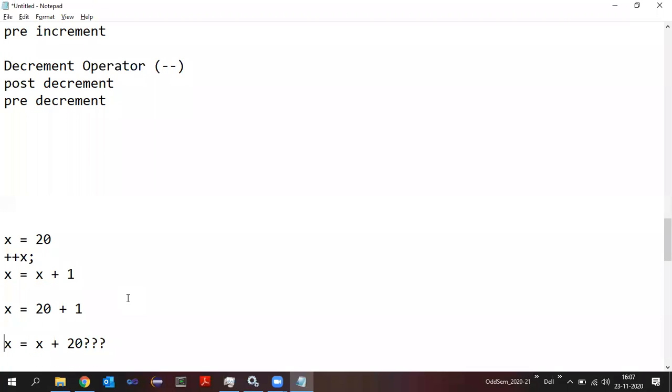It is not x is equal to x plus 20. It is x is equal to 20 plus 1. This 20 is coming from its own value. Increment means we are adding 1, and if we are decrementing, then it will subtract 1 from that. Understood? I hope it answers your question.